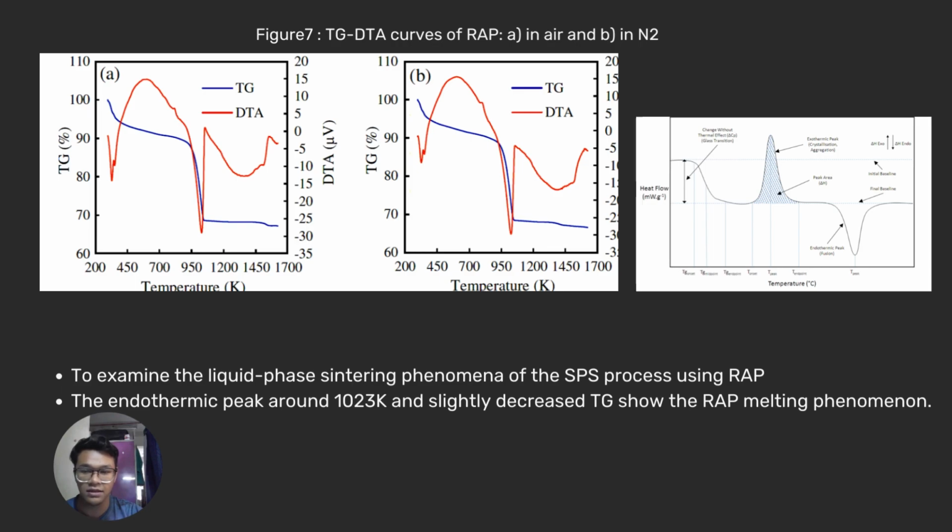This is just another test to compare our specimen with the previous sample, and it looks similar. The endothermic peak is around 1000 to 1023 Kelvin, and the slight decrease in TG shows the RAP melting phenomenon.